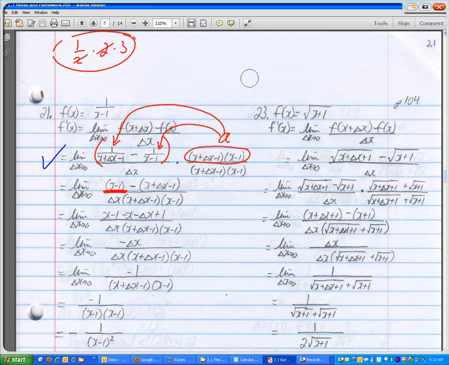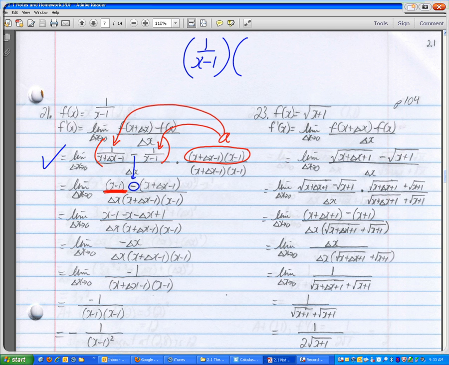Now, we've got to multiply that second fraction times A. So copy down the negative sign, and then the second fraction, 1 over x minus 1 times A, x plus delta x minus 1 times x minus 1. Now, this time, I'm not dividing out that factor of x plus delta x minus 1, am I?